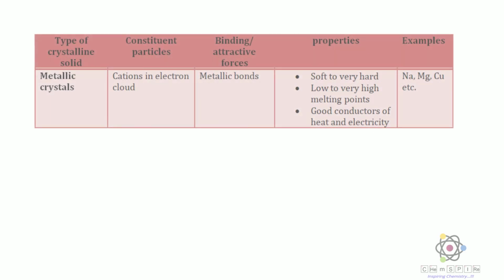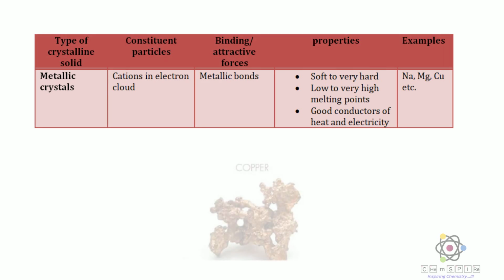Now the next one is metallic crystals. In metallic crystals, the constituent particles are cations embedded in an electron cloud. All these cations and electrons are held together by metallic bonds. They are soft to very hard, hence they have low to very high melting points.